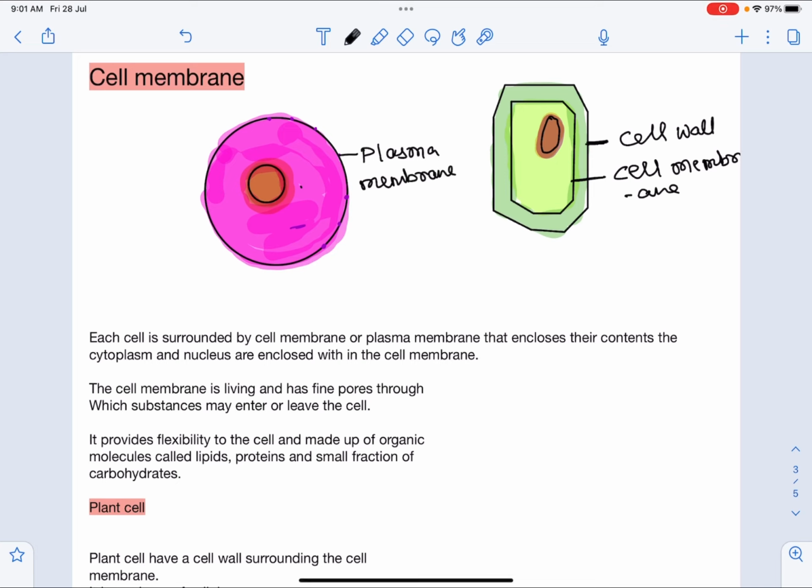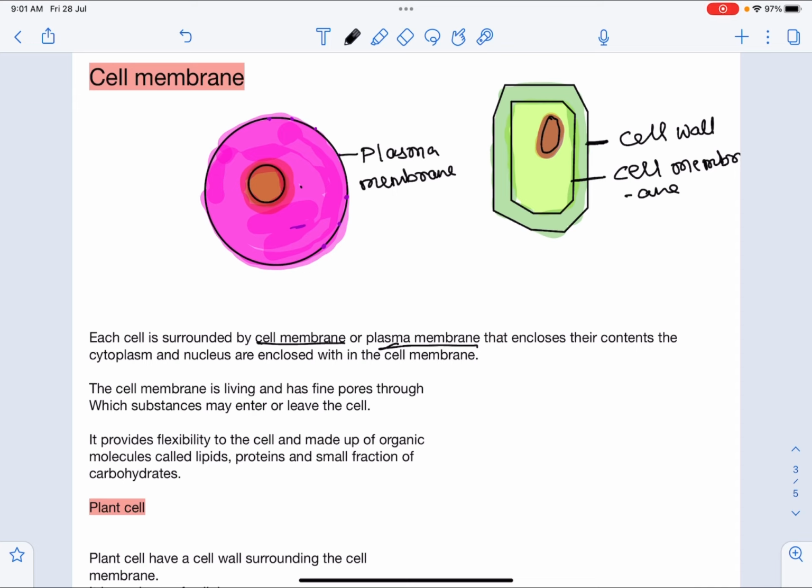Each cell is surrounded by the cell membrane or plasma membrane that encloses its contents. The cytoplasm and nucleus are enclosed within the cell membrane. This outermost covering is called the plasma membrane, and all the content in it, like cytoplasm, nucleus, and cell organelles, are inside the cell.